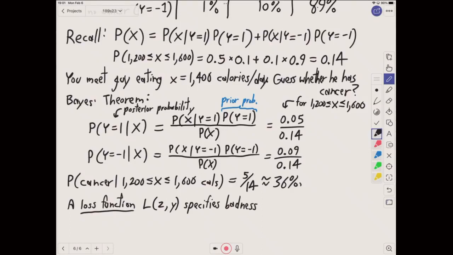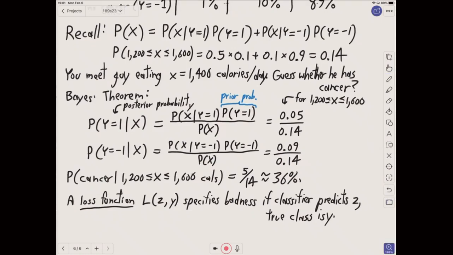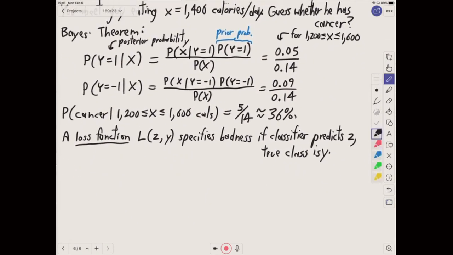And a loss function specifies how bad is it if my classifier predicts class Z, but is wrong in the true classes Y. So I'll give you an example of the loss function we might use for cancer screening.